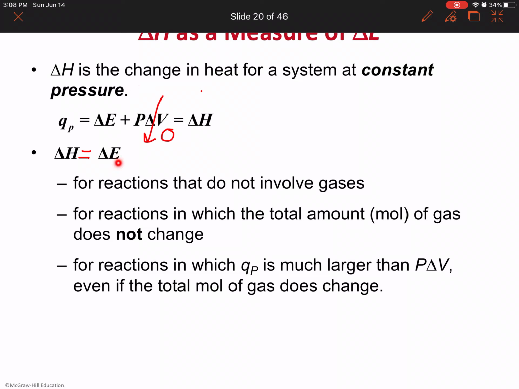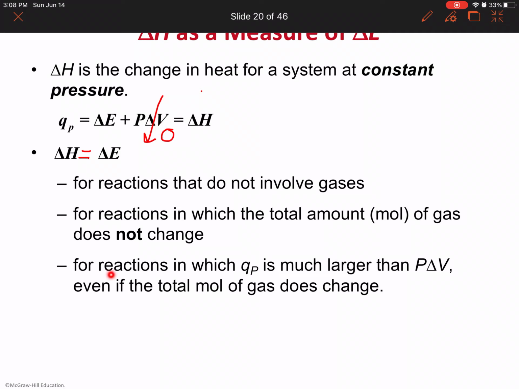Change in heat. Okay. And this is applicable for reactions that do not involve gases. If it involves gases, then we have this pressure volume work. This also holds for reactions in which the total number of moles of gas does not change. Even if you have a gaseous reaction happening, if the number of moles doesn't change, then the volume will not change.